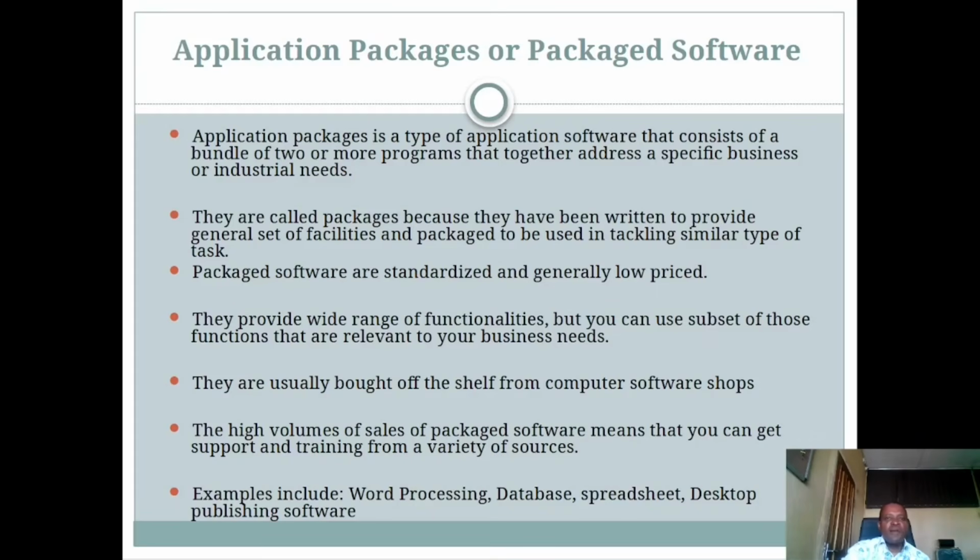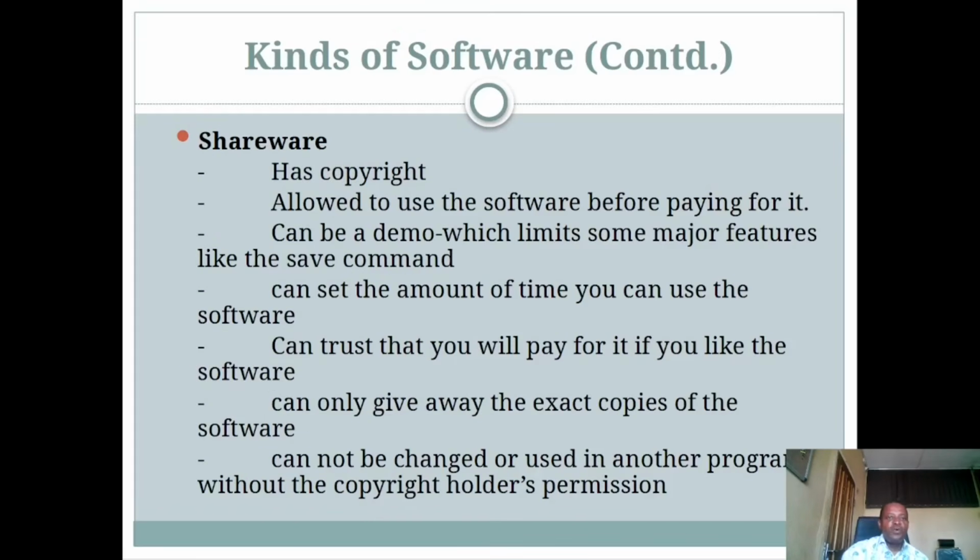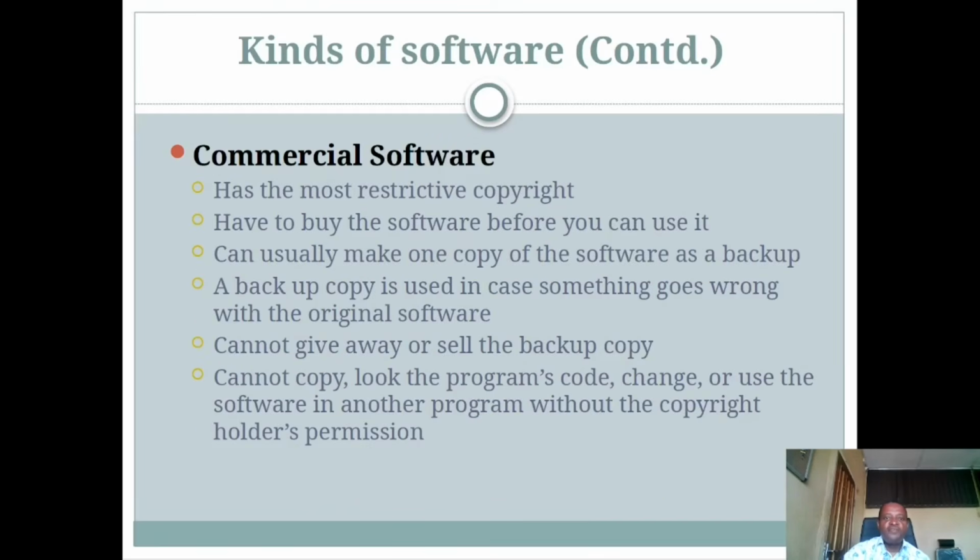What you have there on the screen is what you need to know about application packages or packaged software. So let's look at kinds of software. We have public domain software, freeware, shareware, and commercial software.